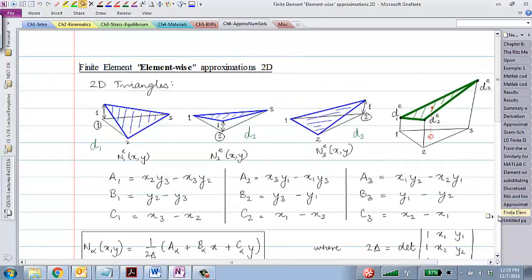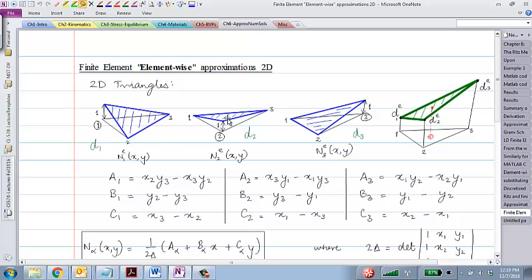For a triangular element like this, we'll have three shape functions. Each of them would be a function which goes to 1 at that node and 0 at the other nodes. So the blue diagram here represents the shape function which goes to value 1 at that node and 0 at the other two nodes.